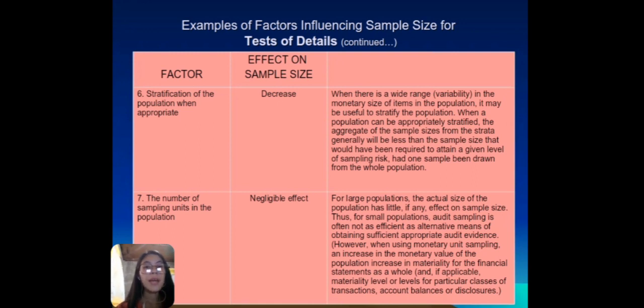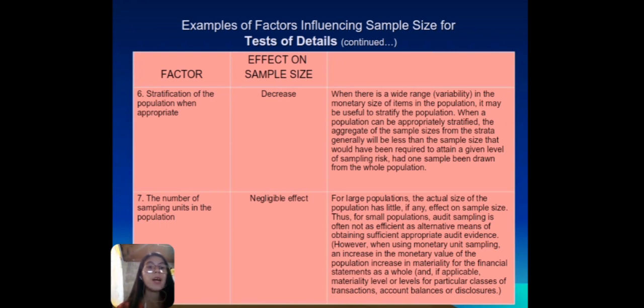The last one, we have the number of sampling units in the population, which has a negligible effect on sample size. Because for large populations, the actual size of the population has little, if any, effect on sample size. Thus, for small populations, audit sampling is often not as efficient as alternative means of obtaining sufficient appropriate audit evidence.